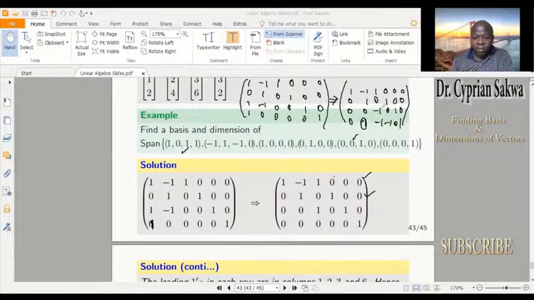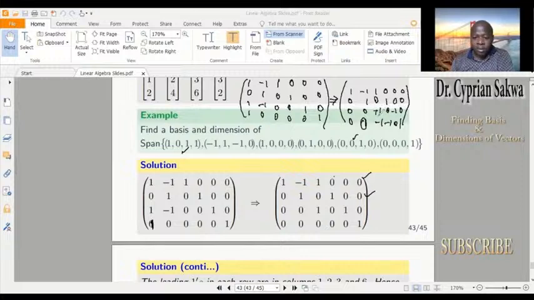Now you look at this element and this. I need a leading one in this position. So I would multiply this row by negative 1. What do I get? Multiplied by negative 1, this would be positive 1, and this would be negative 1.